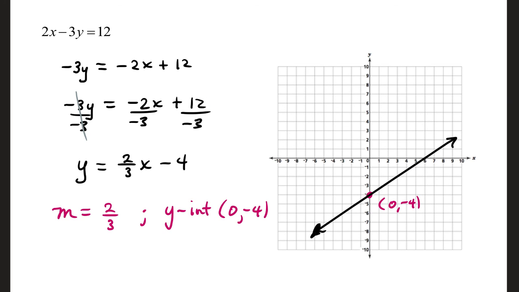And 12 divided by negative 3 is negative 4. 2/3 is our slope. Negative 4 is the y-intercept. The point 0, negative 4 is located here. A positive 2/3 slope, that's up 2 over 3. Plot your second point, connect with a line, and you have the graph.